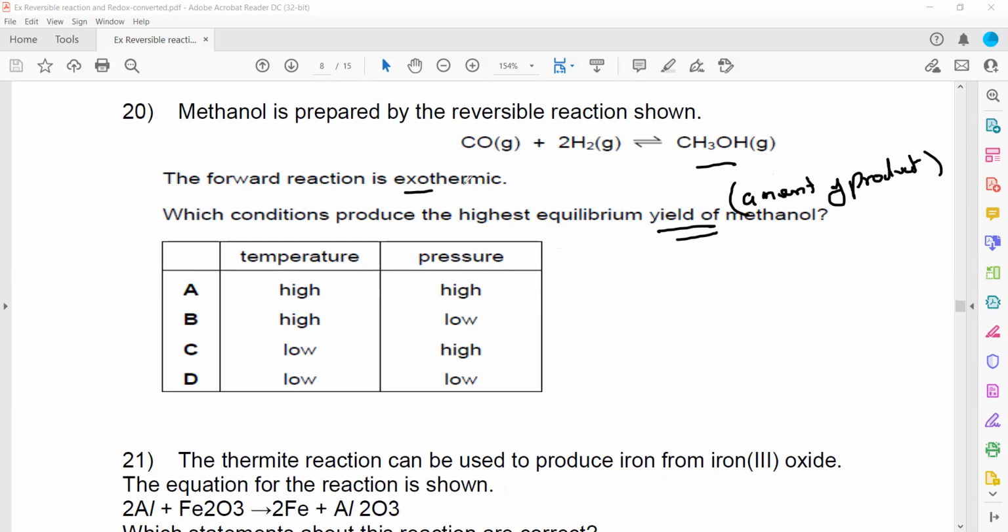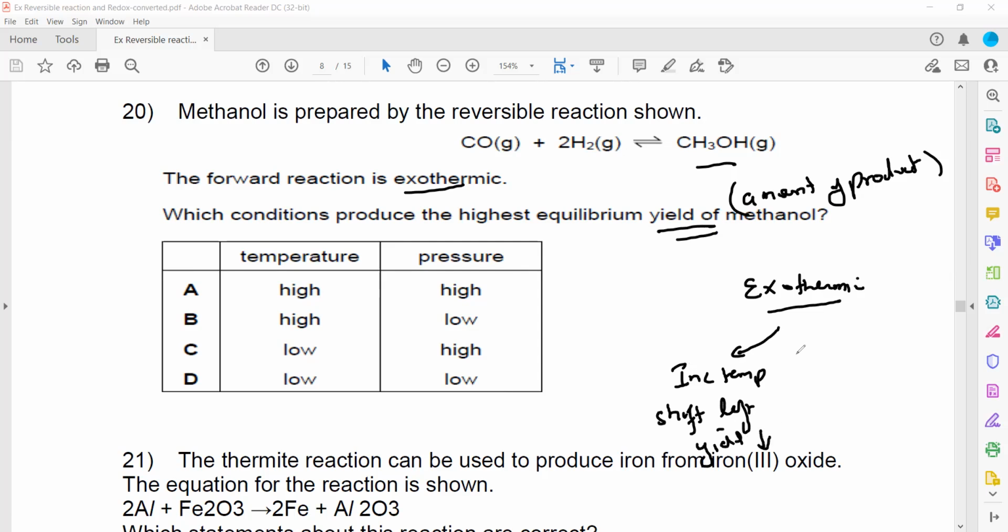The reaction is exothermic. Whenever a reversible reaction is exothermic, if we increase the temperature, equilibrium will shift towards the left hand side, and as the equilibrium shifts towards the left hand side, the yield will decrease.